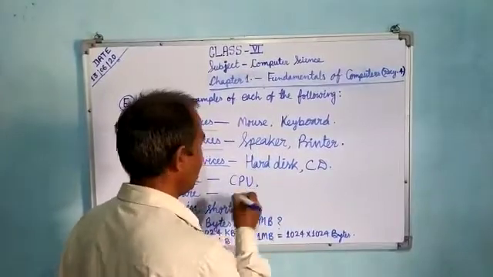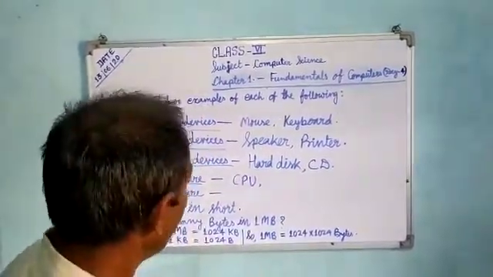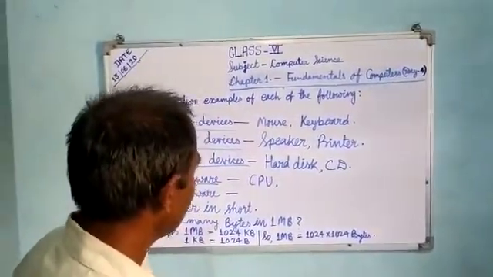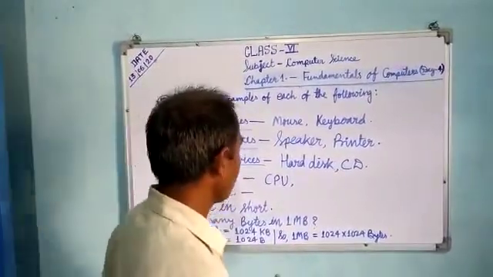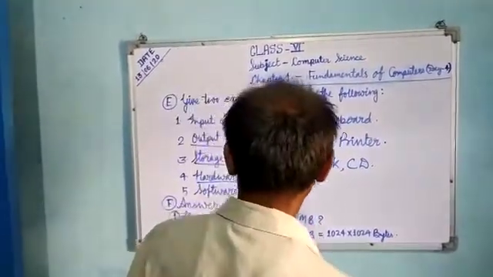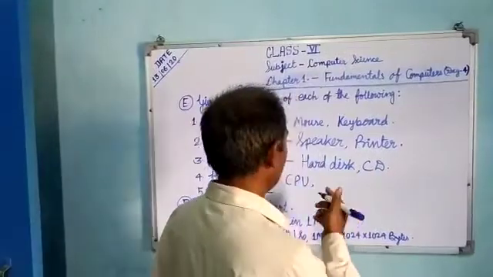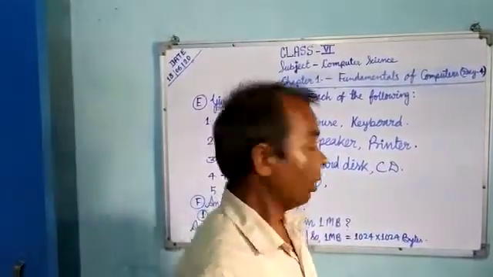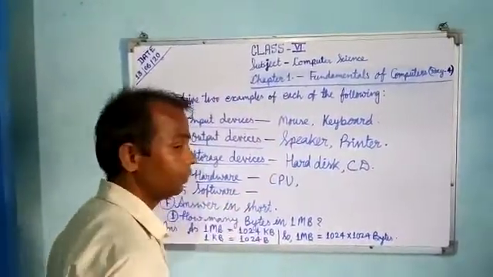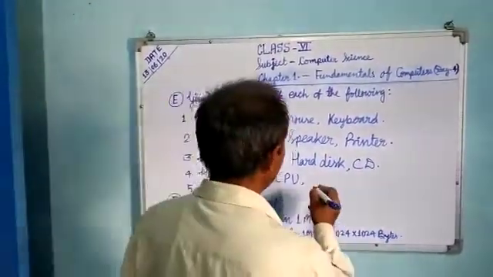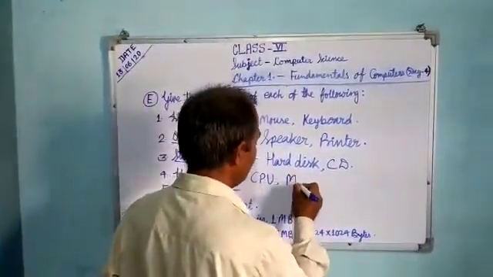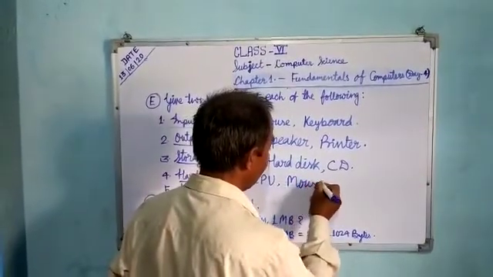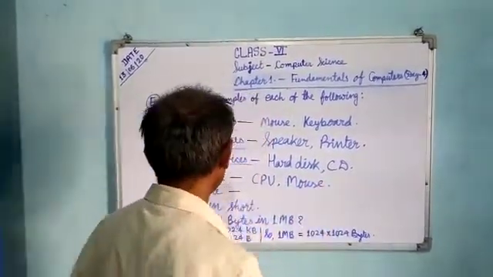CPU is one of the hardware, and you can also write monitors, keyboards, printers, hardware, physical things. You can also write mouse. Mouse is also one of the hardware of the computer.